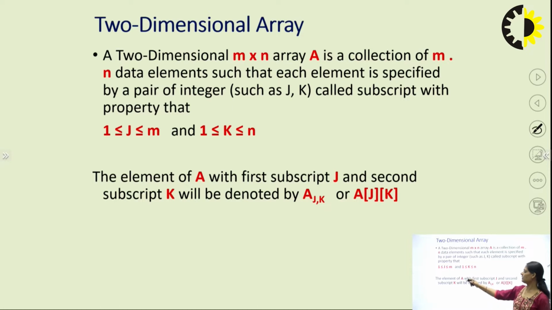The element of A with first subscript j and second subscript k will be denoted as A of j comma k. So if we are having the array with a total of m cross n data elements, and at any time we may require to find out the address of the jth row and kth column, then we can denote it like this, A of j k.